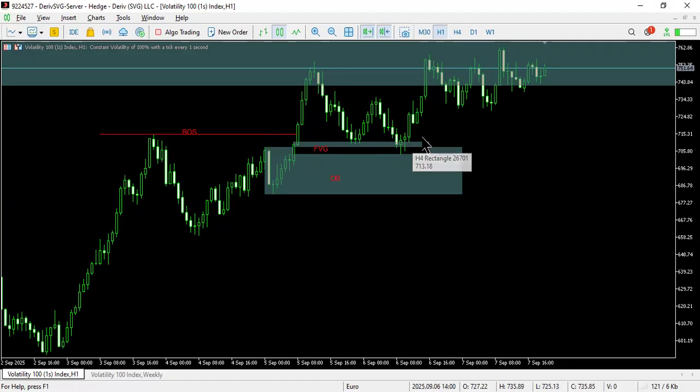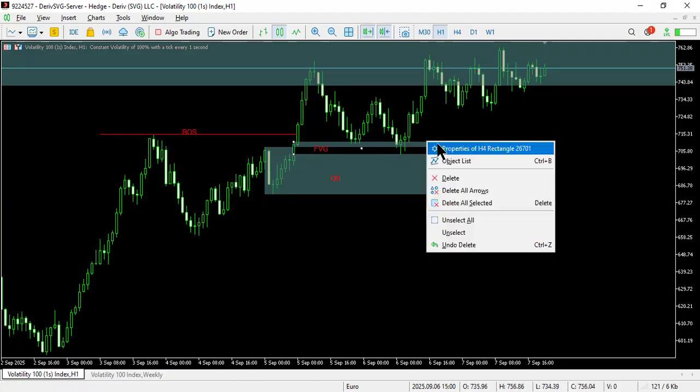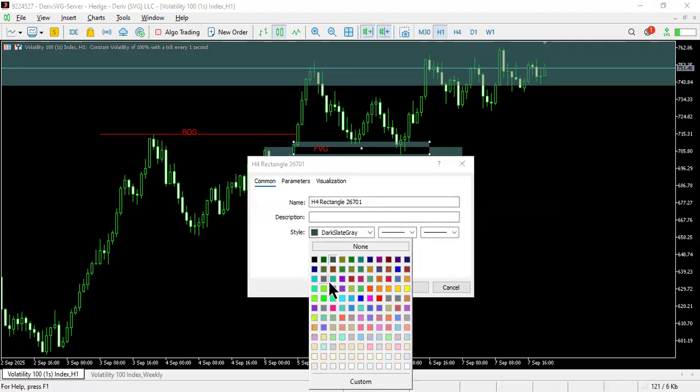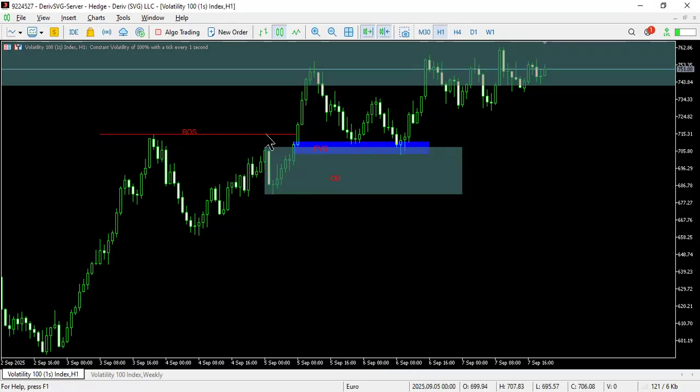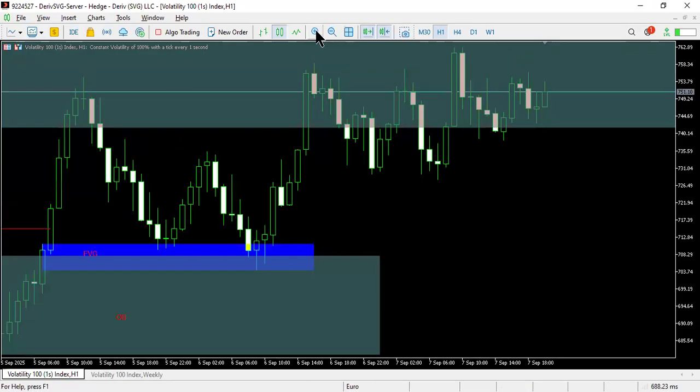Price came and tapped into the FVG. The FVG did not dish out a strong move. It just dished out these few candles, and then it came back to tap into the order block that dished out this move.